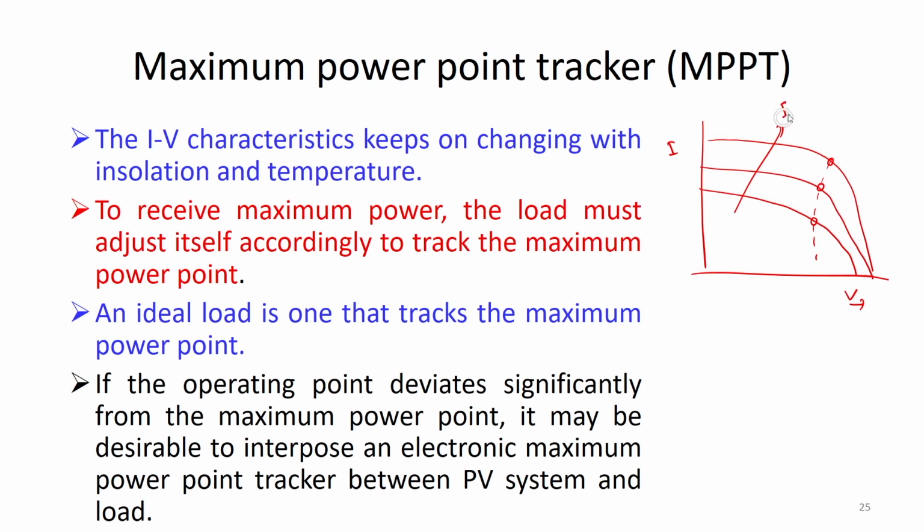This is I, intensity of solar radiation, in increasing order. And there might be different loads, maybe batteries, maybe fans, or maybe resistors. This IV characteristic keeps on changing with insolation and temperature, as we understood before.